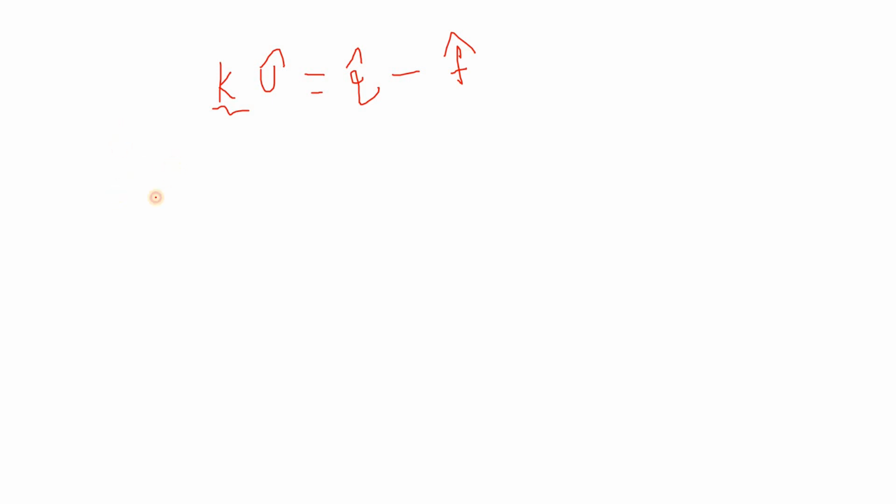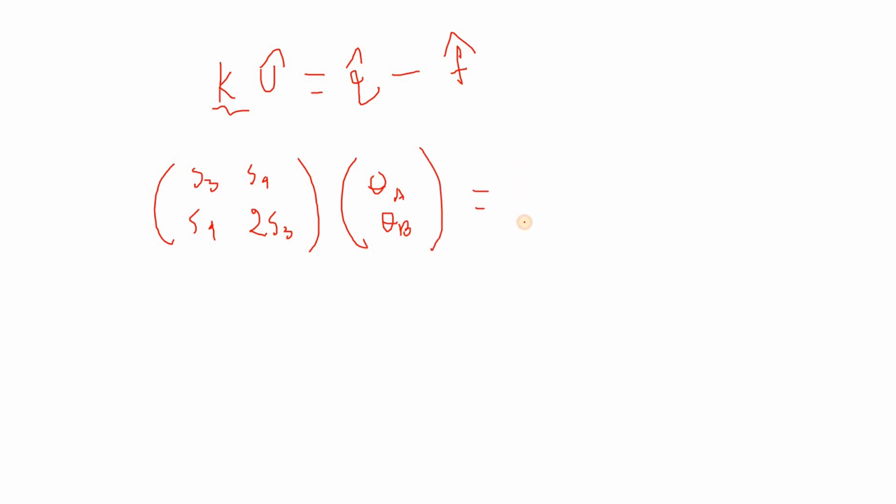For K we have S3, S4, then we have S4, and since S3 and S3 prime are the same, we're just going to write 2S3. There you go. For U, the unknowns, we have theta A, theta B. For Q, we have 0 and 0, minus F, which is 12.5 and minus 4.17.